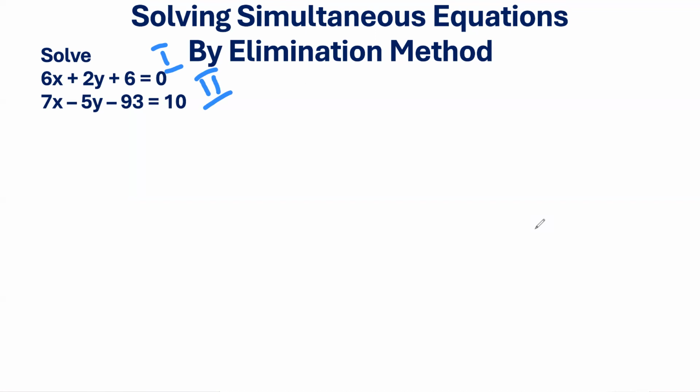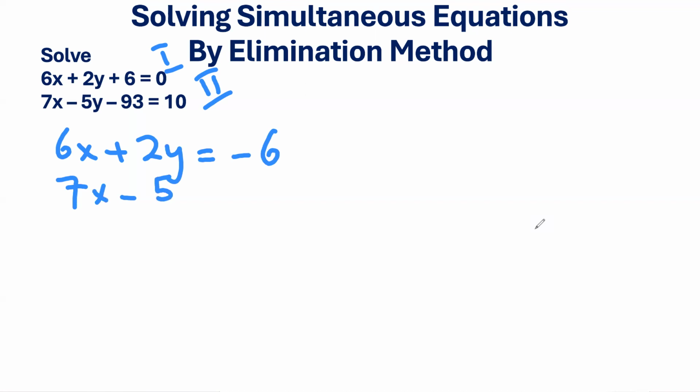So first you have to arrange 6x plus 2y is equal to -6. Constant should be there on the right-hand side. And 7x minus 5y is equal to 10 plus 93.